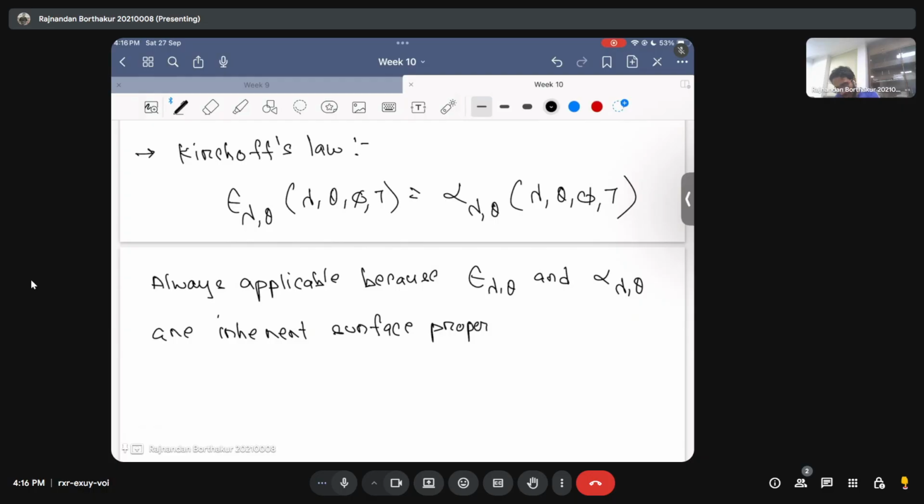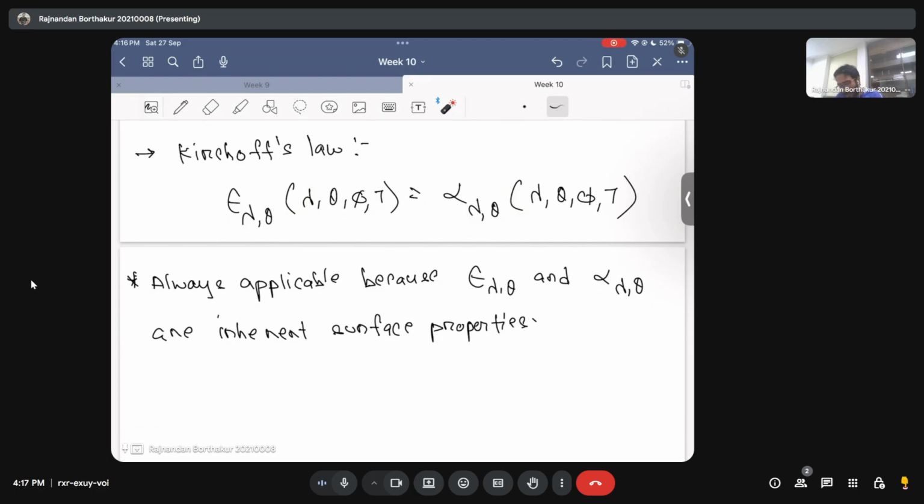Meaning, since I have written it for a particular wavelength and for a particular direction, the spectral directional emissivity and the spectral directional absorptivity are just surface properties, because I have written it for a particular wavelength and at a particular direction, and of course at a particular temperature. That's why this is just a surface property, and that's the reason why this Kirchhoff's law is always applicable.